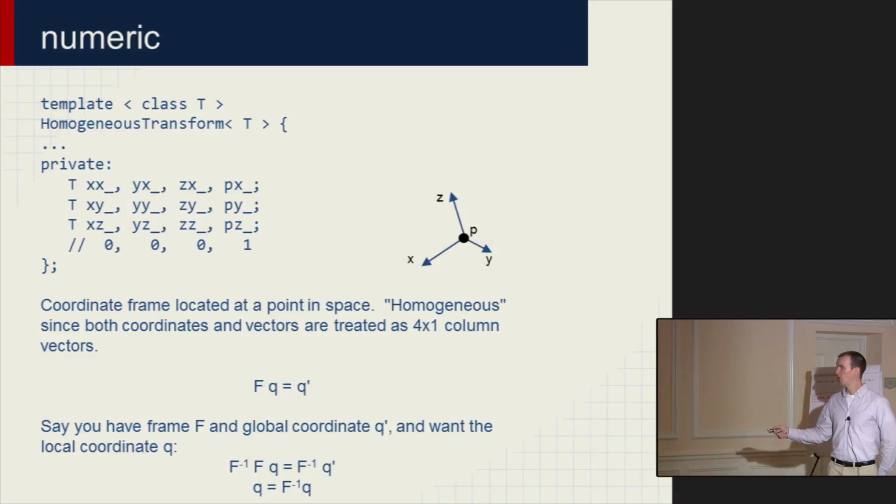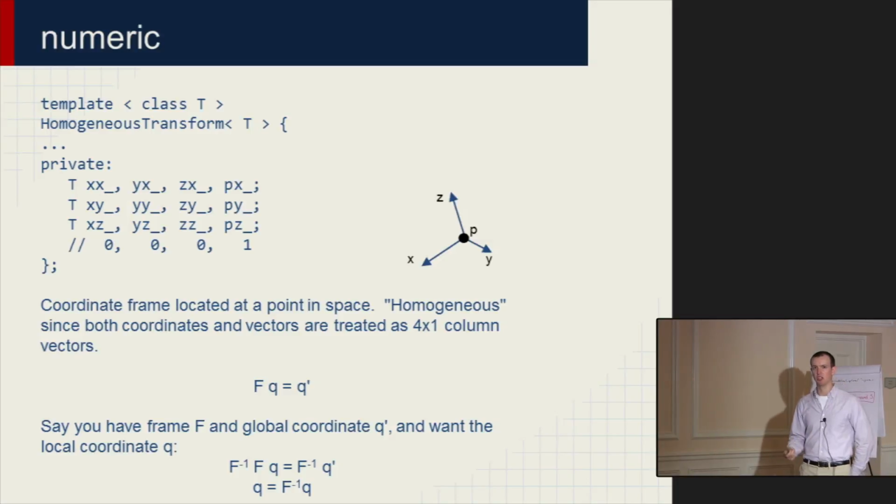They're 4x4 matrices conceptually. In the code, they only use a 4x3 or a 3x4 table of values, because the bottom row is always represented this way: 0s for vectors and 1s for coordinates.